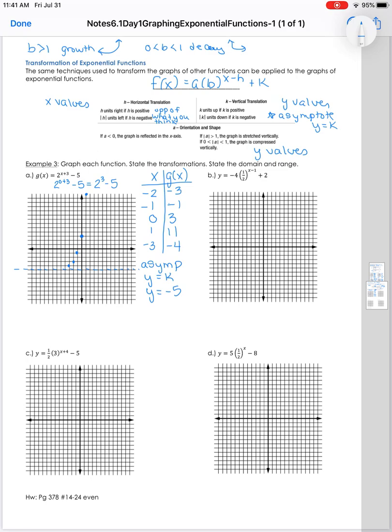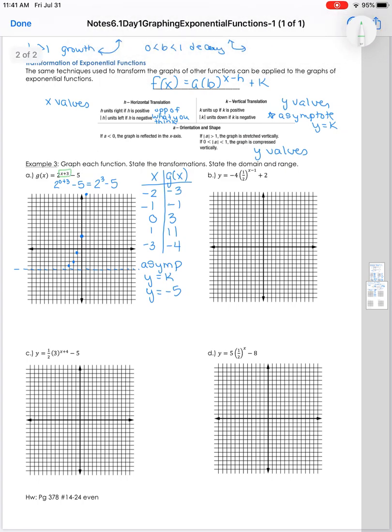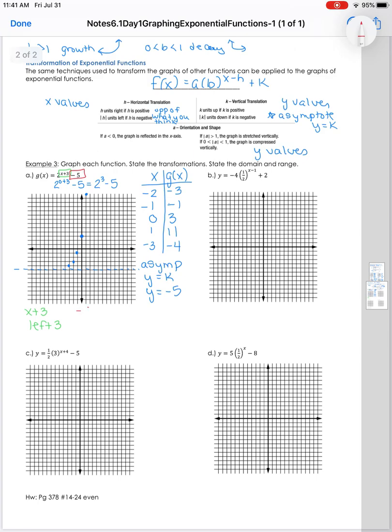Now, according to the way our movement is going to go, transformation-wise, you see this x plus 3? Well, that x plus 3 means that we're going left 3 from the original y-intercept that we would typically deal with. And then this -5 tells me I'm going to go down 5, again from the original y-intercept, which has always been (0, 1).